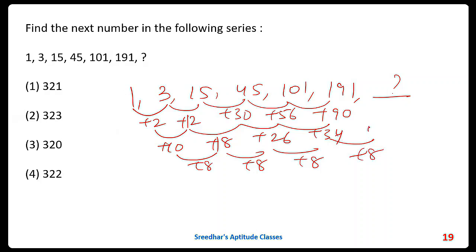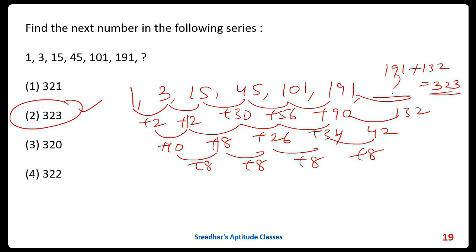What is 34 plus 8? 42. So what is now 90 plus 42? 132. Now what is 132 plus 191? 323. Option 2 is the answer. Yes. So all those who got option 2, you're right.